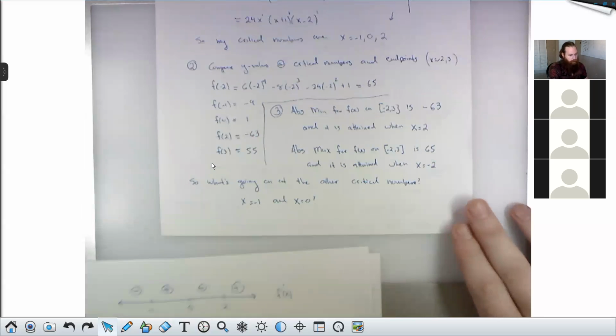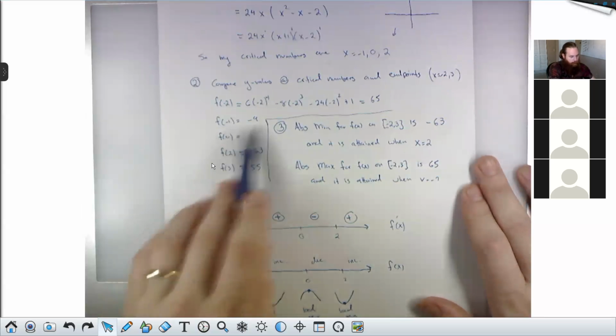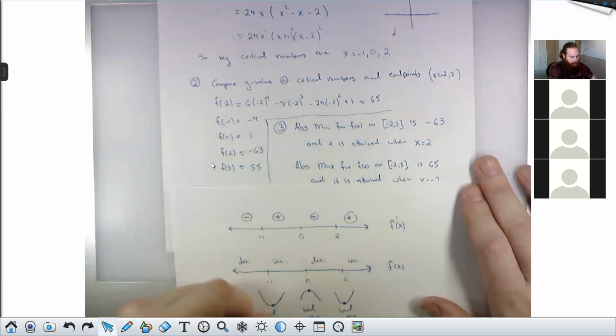So where were my y values? The local min at -1 was -1 comma -9. The local max at 0 was at 0 comma 1. And the local min at 2 was 2 comma -63.